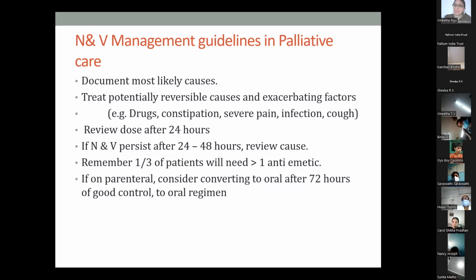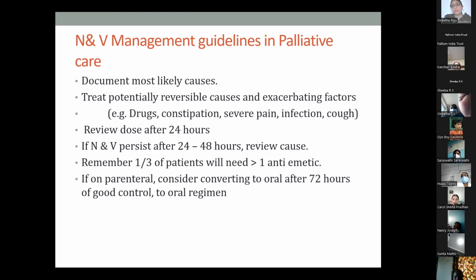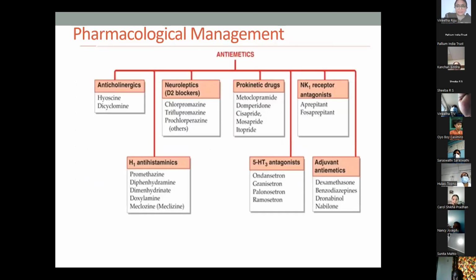No, it doesn't work that way. It has stopped because you have put the patient on an IV drug. So before the patient gets discharged, you make the switch, see how he is tolerating the dose, and with that dose you send him home and ask him to continue for another 3 days and then slowly taper and see how he does.